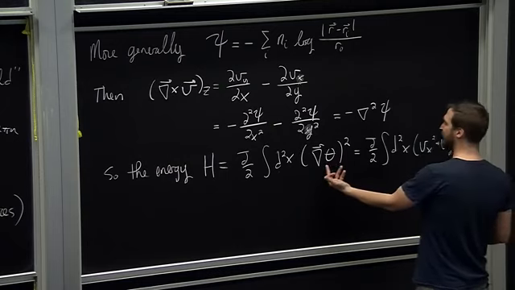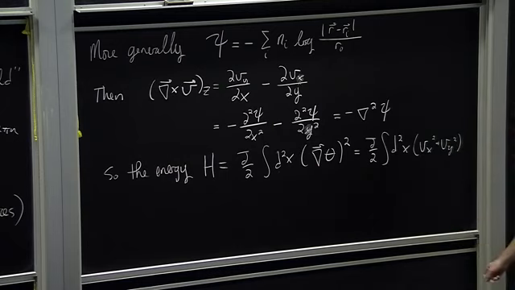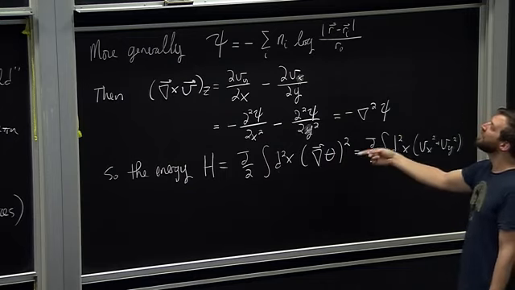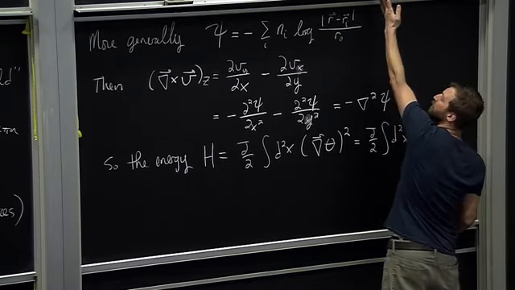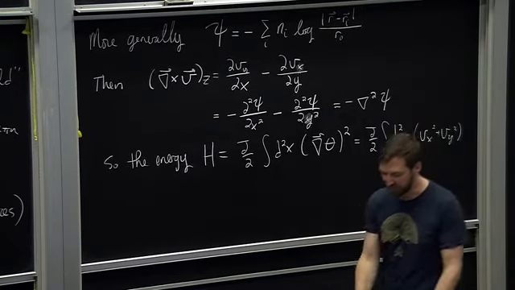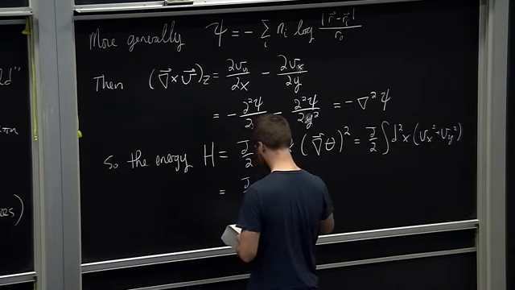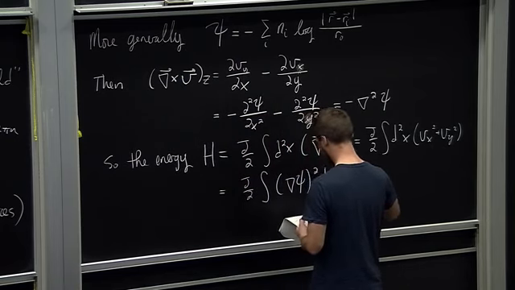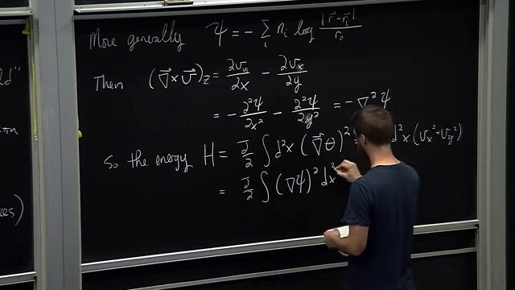So it looks like the same form, but in the gradient of the stream function. And so that's the point. Psi is not equal to theta, but it's defined such that the signs work out, so that the energy is equivalently equal to this.